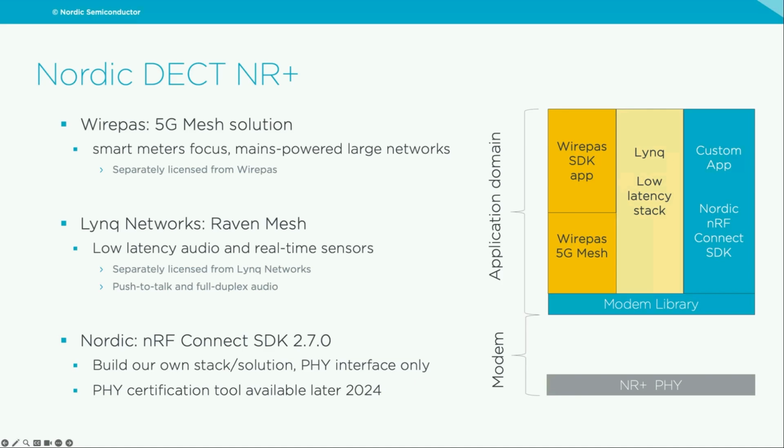So Wirepass, focused on smart meters and IoT applications, has an extensive offering already with the 5G mesh, with a long history of mesh technologies on other radio technologies that have been ported now for DECT NR+.